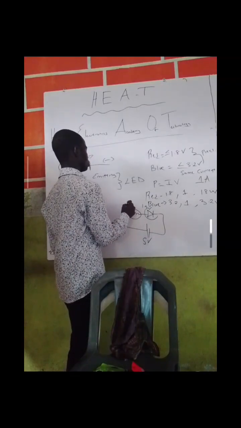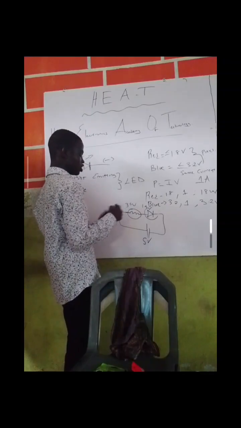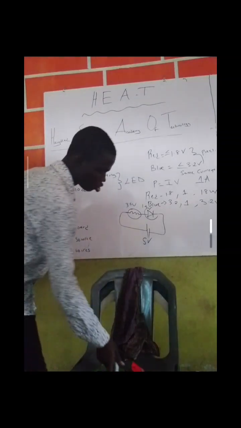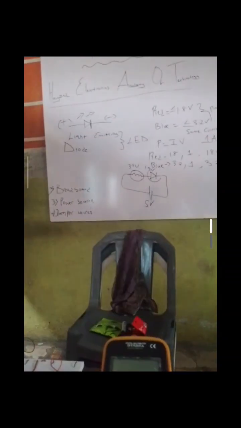But before I explain it, because we're going to be doing a practical after this long talk, this is a breadboard here. Let me explain this clearly. Now I'm going to be drawing a circuit diagram for our LED, the light that we want to turn on.